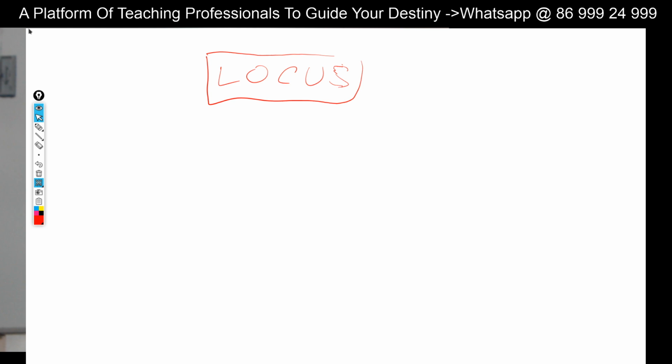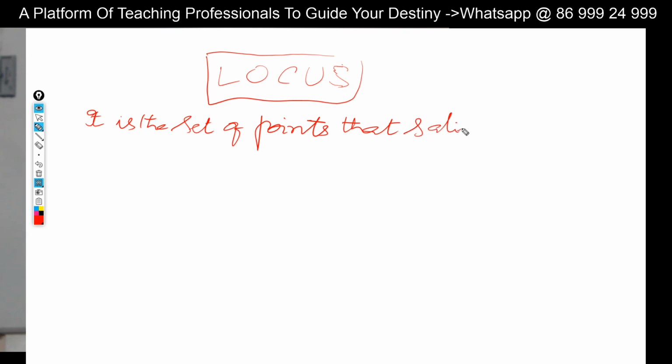So we can say locus, it is the set of points that satisfy a given condition or a well-defined property.